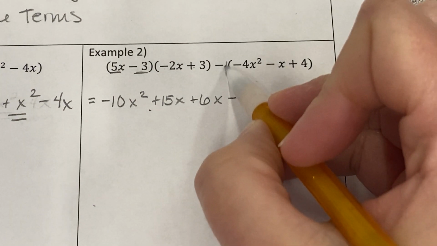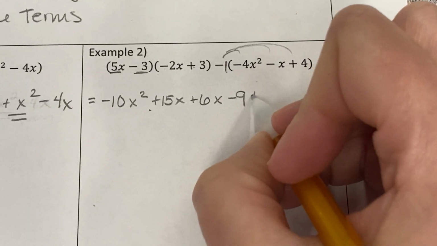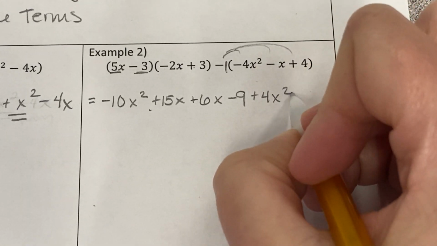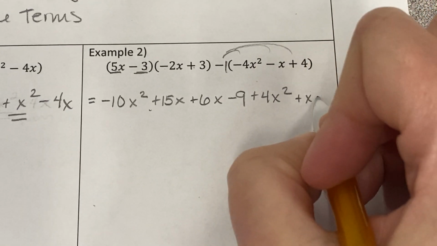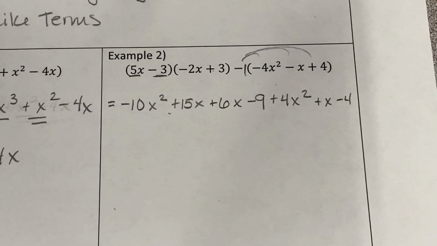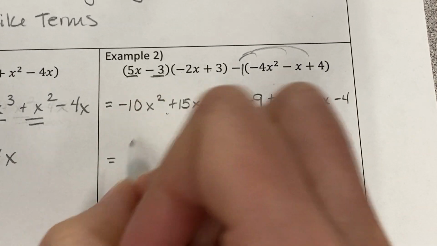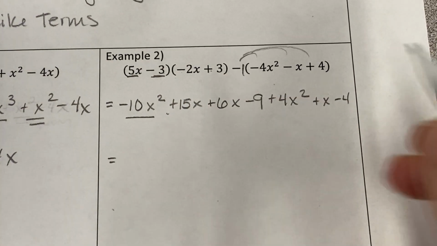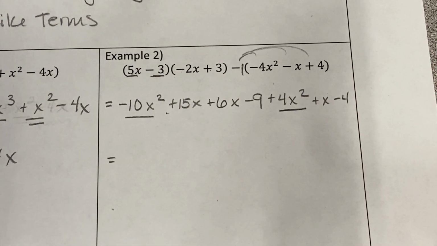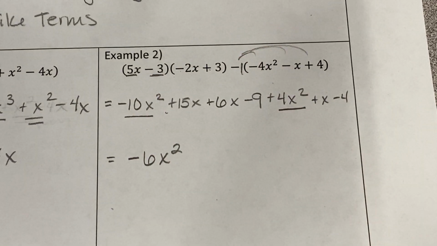And now, remember, there's a 1 here. I'm distributing a negative 1. So that would give me plus 4x squared plus x minus 4. All right, now combining like terms. My highest exponent is x squared. So I've got a negative 10x squared and a 4x squared, so that's negative 6x squared.